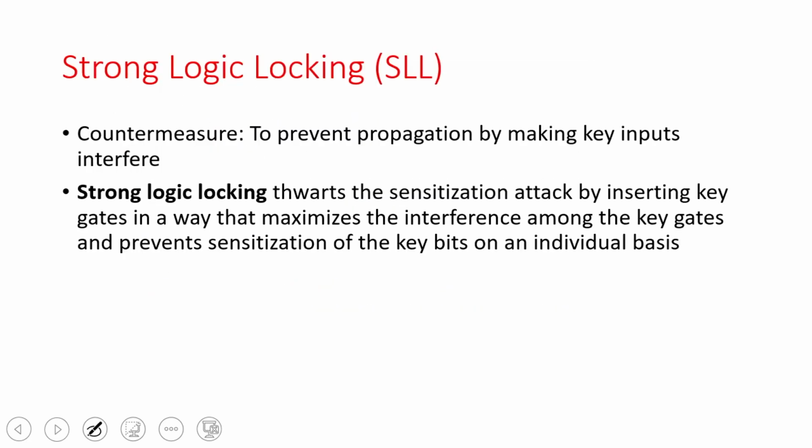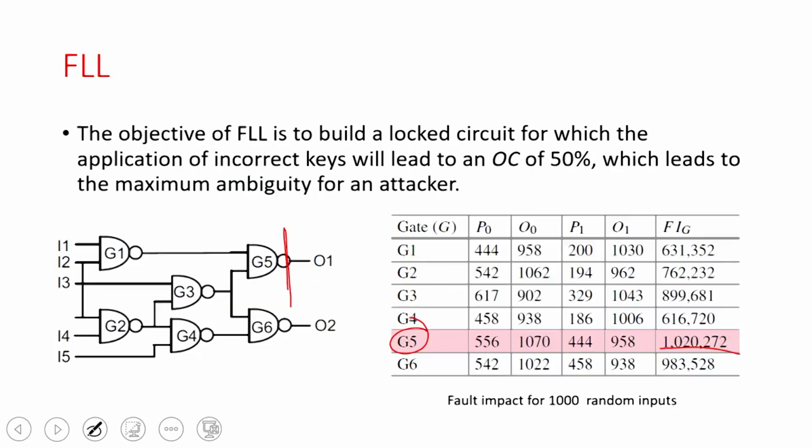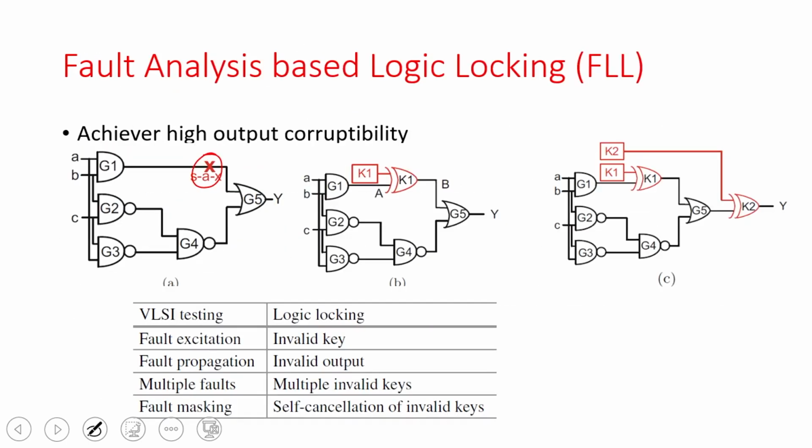So, the next one is strong logic locking. What they talked about is that in the fault analysis based logic locking, they try to put the keys in sequence, right. So, they are not interfering with each other. You can independently analyze and get the keys.